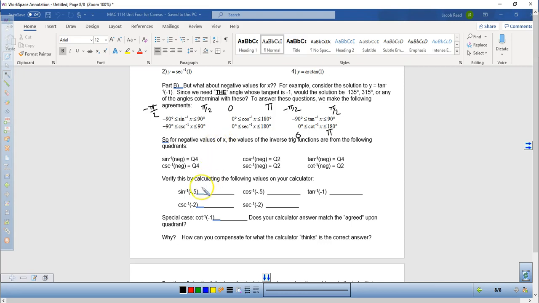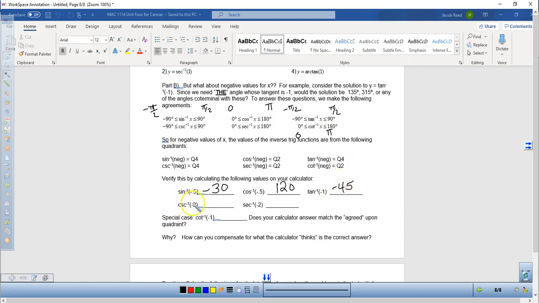Pops out -30 degrees. If I talk about cosine, I get 120 degrees, which is quadrant 2. Tangent, you get -45 degrees, which is quadrant 4.